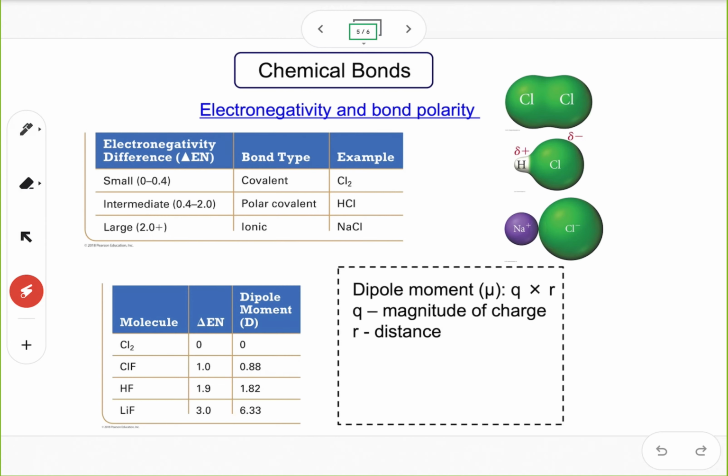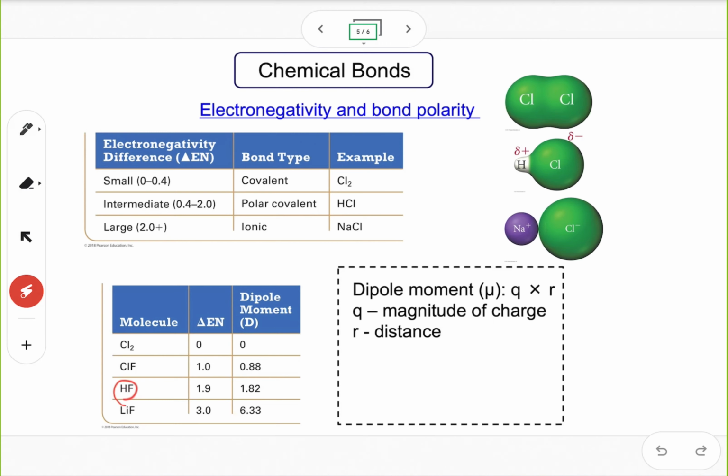It looks like because the electronegativity difference is 1, in this intermediate window, the ClF bond is going to be polar, so the dipole moment is higher than 0. Okay. Now, if you take a look at HF, delta EN is 1.9, which is quite high in this window, very close to 2.0. So again, HF is going to be a polar bond, and you can see the dipole moment of the HF bond is 1.82. It's much higher than the other two, right?